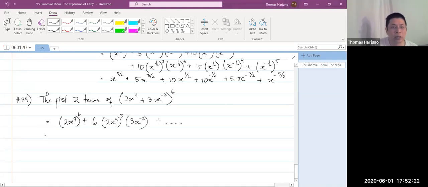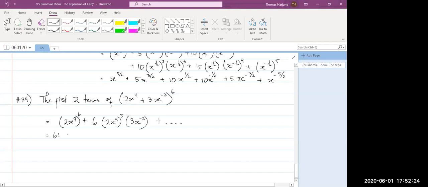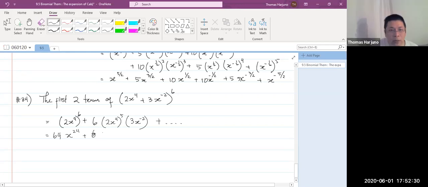Now 2 to the 6th is 64, plus this is 6 times 32 times 3, x to the 20th times x to the negative 2, and on. This will be 64 x to the 24th. 32 times 18 is what?